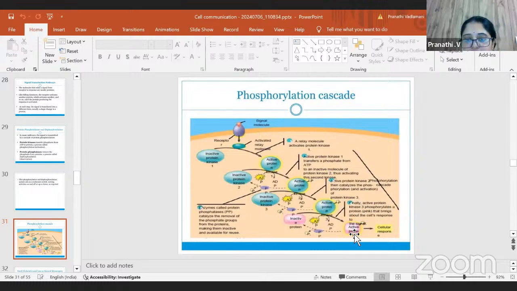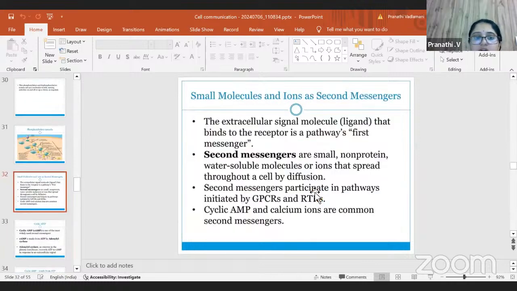Finally, this active protein kinase 3 phosphorylates the inactive protein necessary for the cell's response, turning it into an active protein involved in the cellular response. Whichever protein has lost the phosphate group will become inactive again. So this is how phosphorylation and dephosphorylation take place. One enzyme phosphorylates, and a second enzyme, a phosphatase, removes the phosphate group.